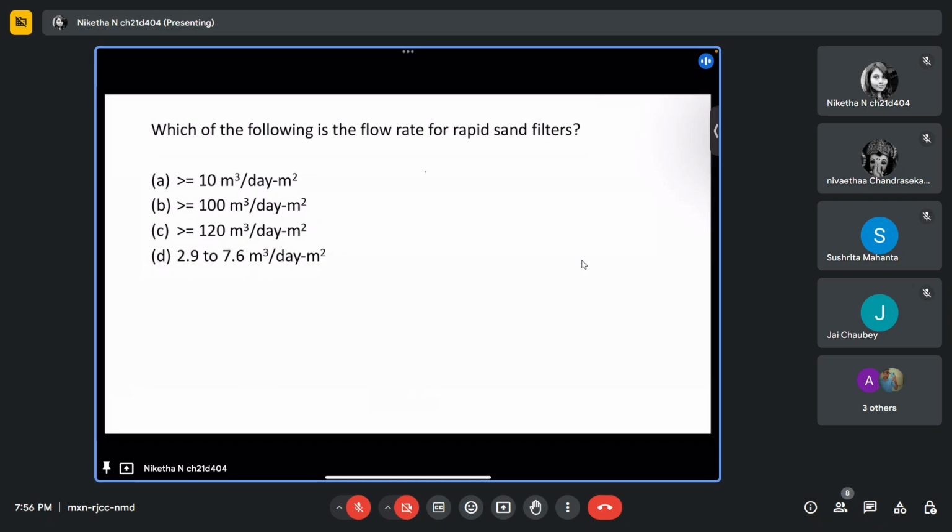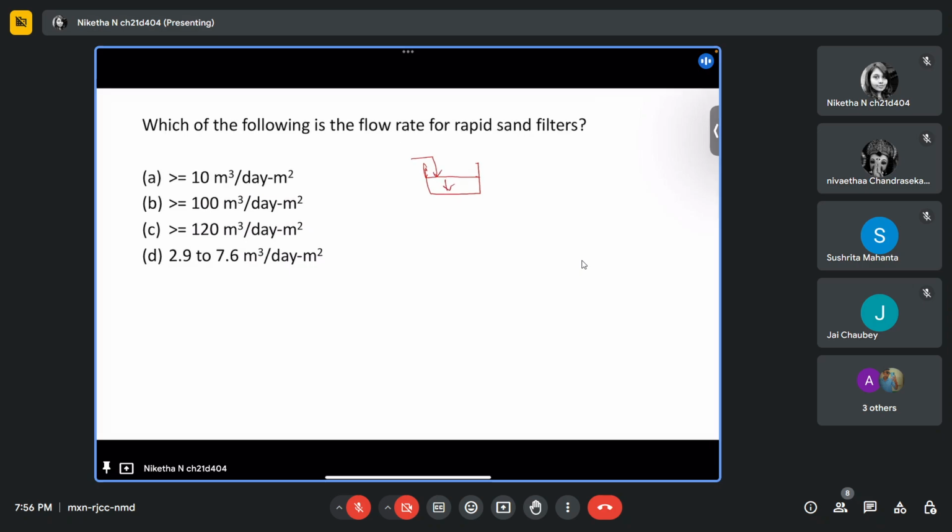So in rapid sand filter, water will be passing through the filter bed by the force of gravity, and also a negative pressure will be applied to suck the water. So the force that is acting on the water will be higher. It will be a combination of both gravitational force and the suction force.